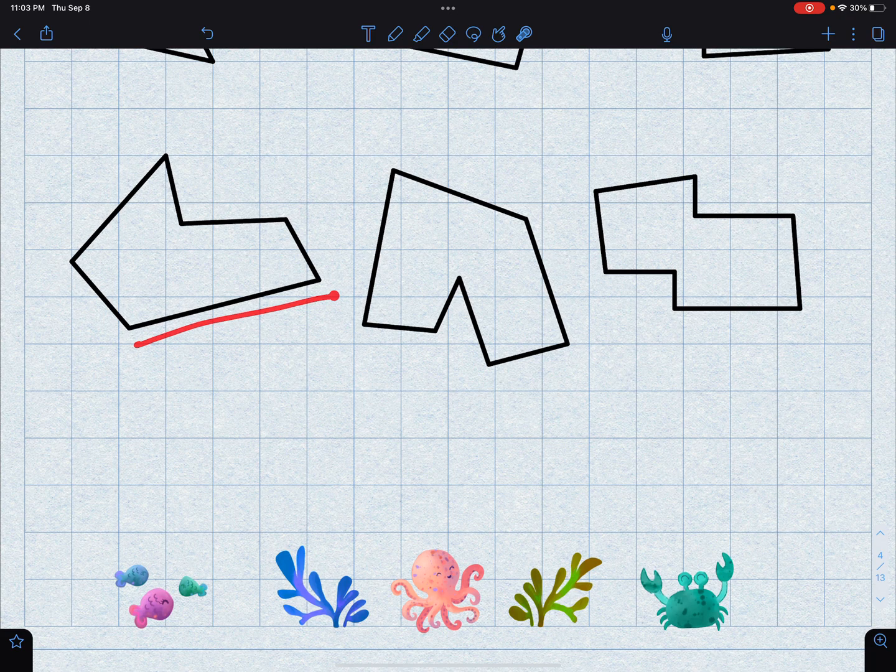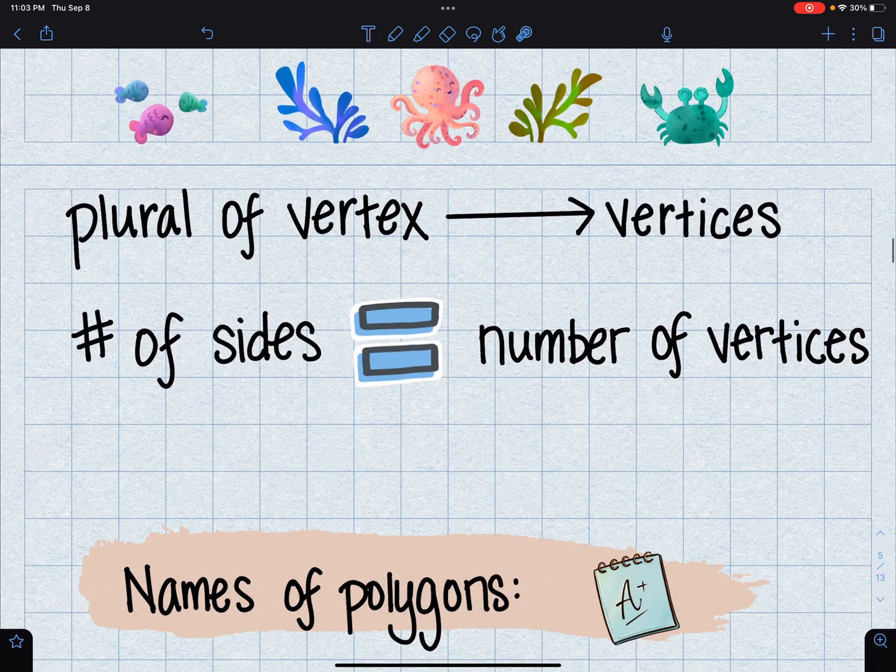And each end point of a side is called the vertex. So this is the vertex. It's not the angle, it's the end point of the side. So it's the end of this side and the end of this side, and that's a vertex. The plural of vertex is vertices, just so you know.